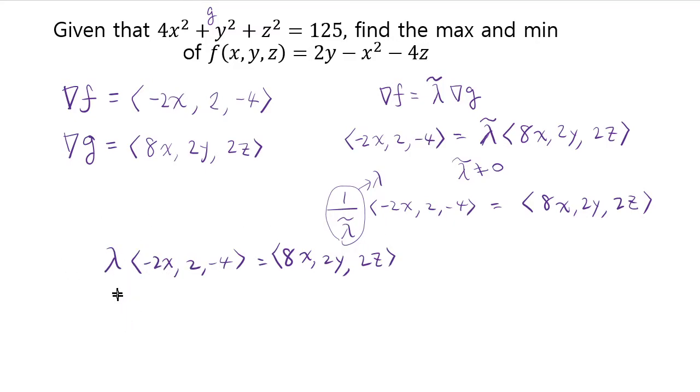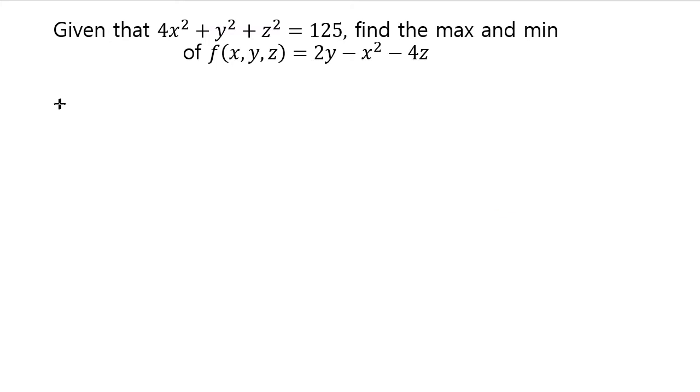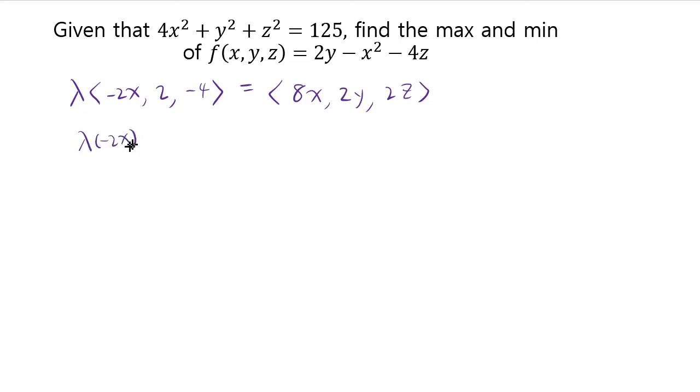Okay, so let's assume that this is true. Now let's proceed. What does that mean? Lambda times negative 2x, 2, and then negative 4 should be equal to 8x, 2y, 2z, which means lambda times negative 2x equals 8x.